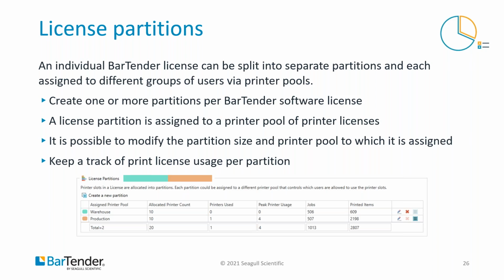So of course, an individual license could be just one partition, or you could break it up into multiple partitions. In fact, for example, we have a 20 printer license here. I could break this up into 20 partitions of one printer license if I so wanted to. Of course, that is not a recommendation, but you could do that if you want.